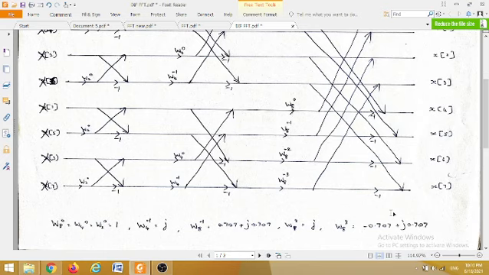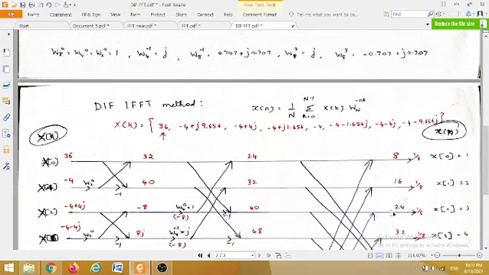Okay. So applying the problem, the same output, x of k, is given as 36, minus 4 plus j 9.656, minus 4 plus 4j, minus 4 plus 1.656j, minus 4, minus 4 minus 1.656j, minus 4 minus 4j, minus 4 minus 9.656j.